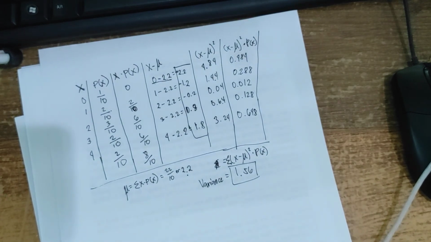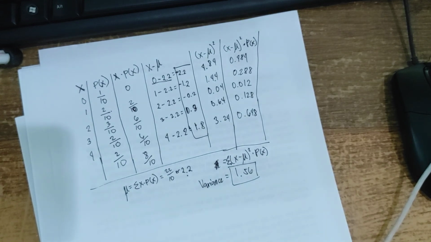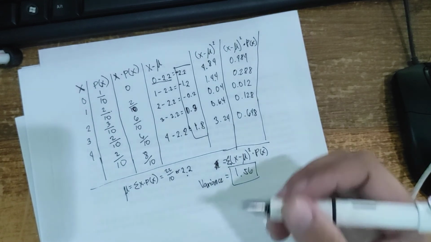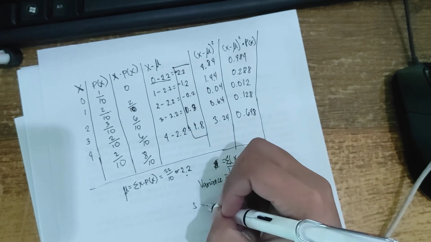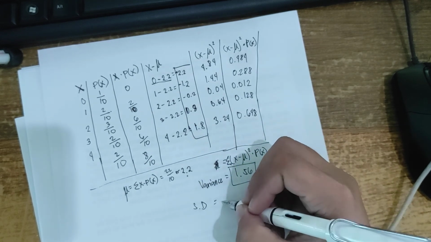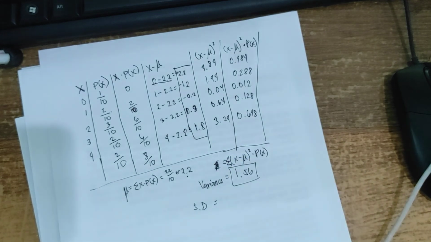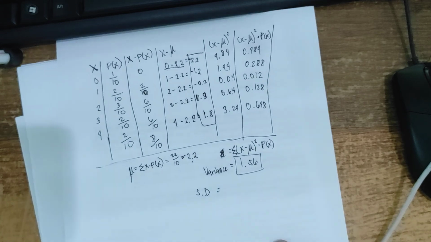Now, para makuha naman ang standard deviation, what are we going to do now is to square root the variance para makuha natin yung standard deviation. So, the standard deviation or SD is equal to the square root of the variance.